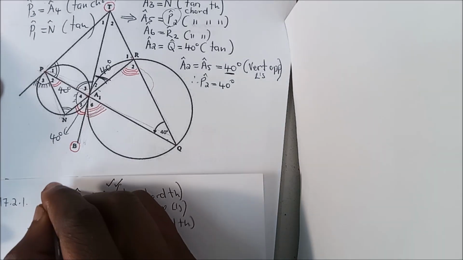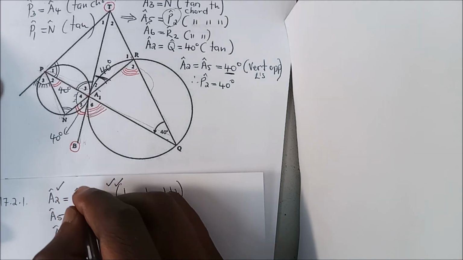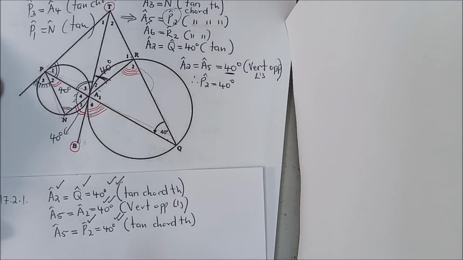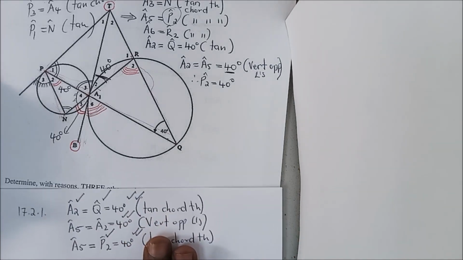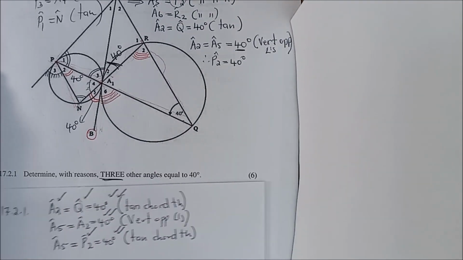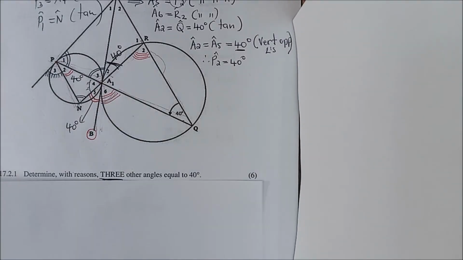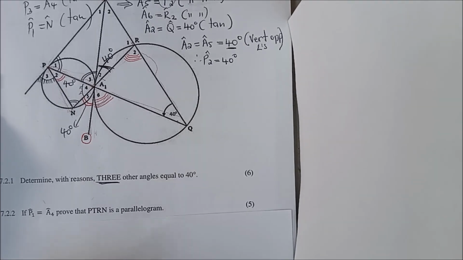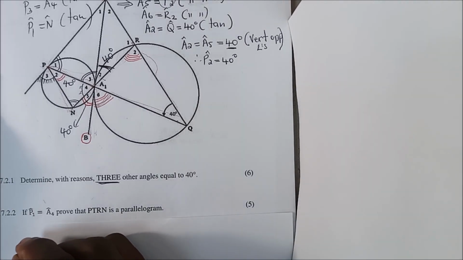The first angle is A2, the second angle is Q, and the third angle is P2. So those are the 3 angles that are equal to 40 degrees. So if you're not fine with that, you can comment in the comment section if I made mistakes.